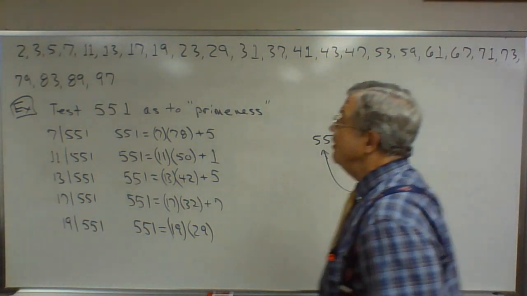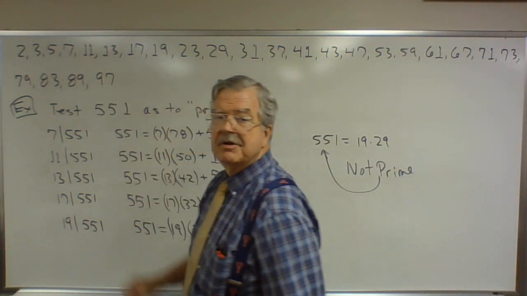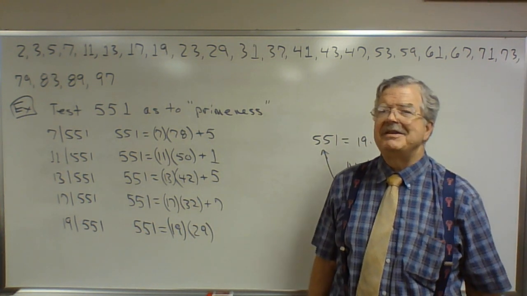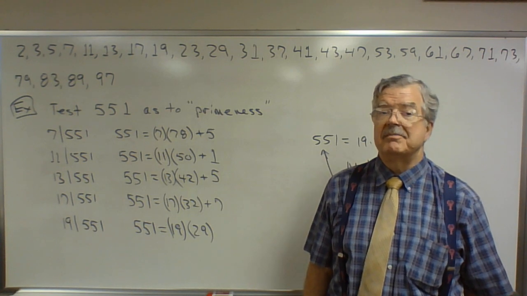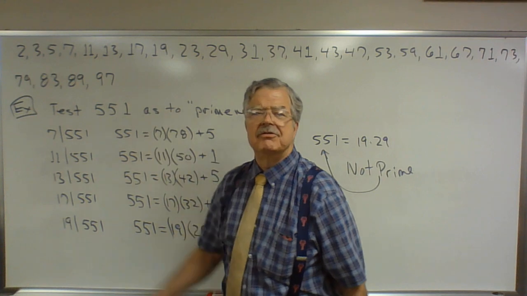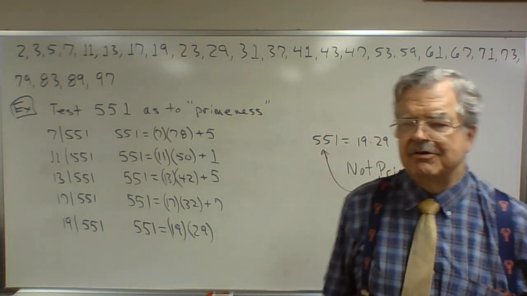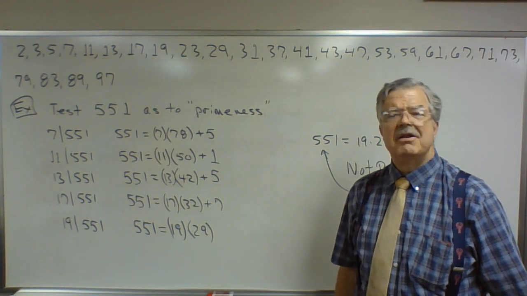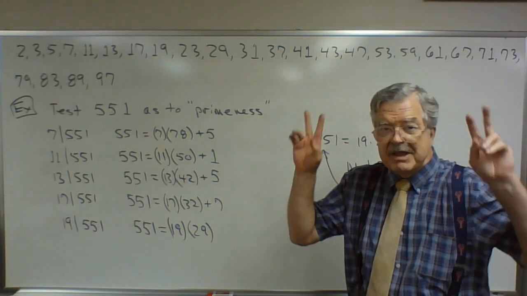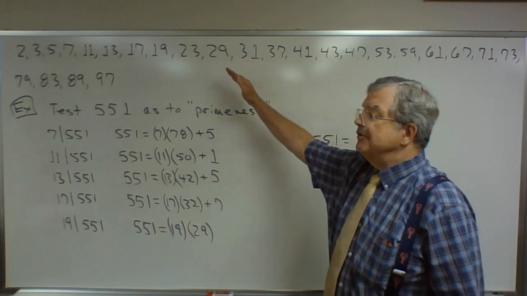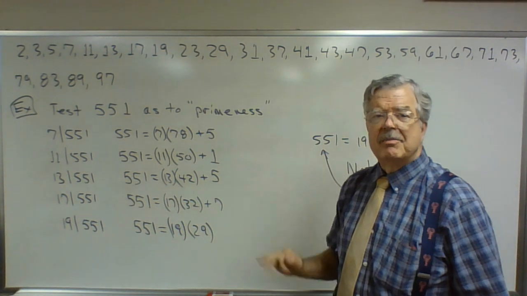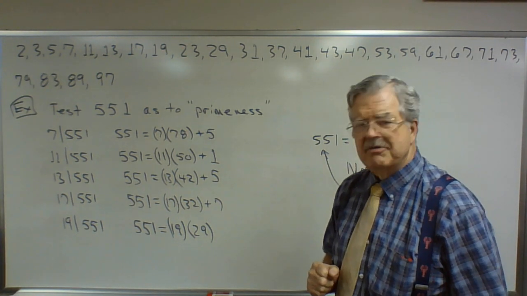We generated all the primes less than 100, which means that if a number is less than 10,000 and it's composite, it has to have one of these prime numbers as one of its factors. So any number less than or equal to 10,000 would be pretty easy to check for being prime, just based on the list that we were able to generate here, the primes less than or equal to 100.